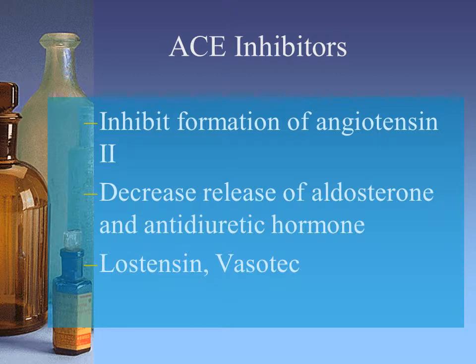And that's what ACE inhibitors do. They prevent angiotensin I converting to angiotensin II. As a result, the blood vessels dilate instead of constricting, and you end up with vasodilation in both arteries and veins of the body. When the vessels are bigger, there's less pressure, and the blood pressure drops.